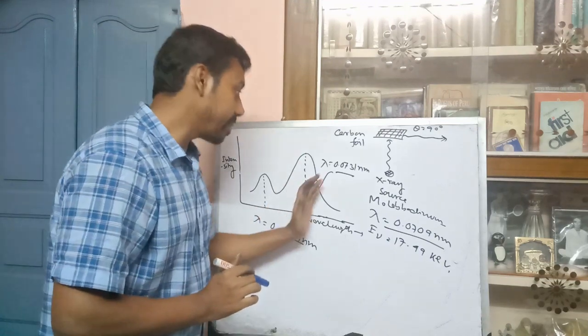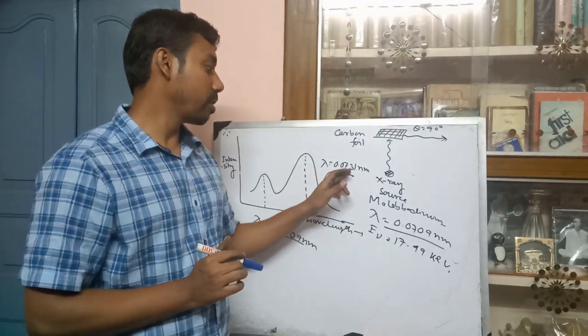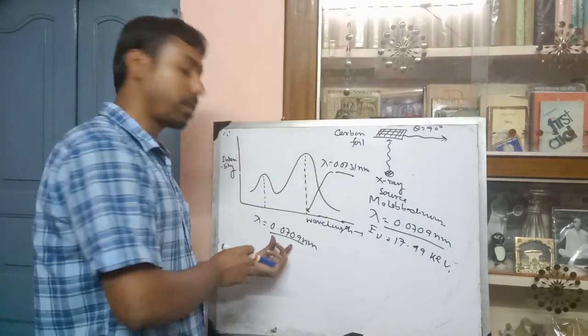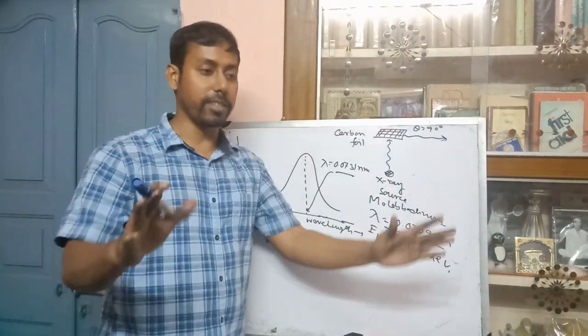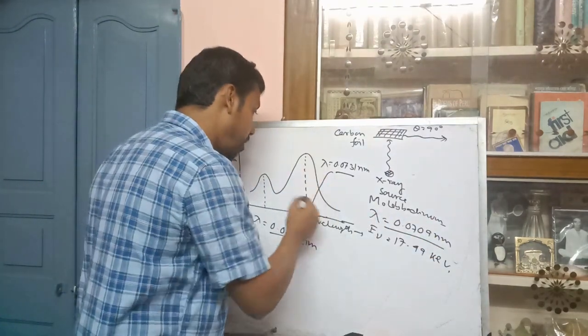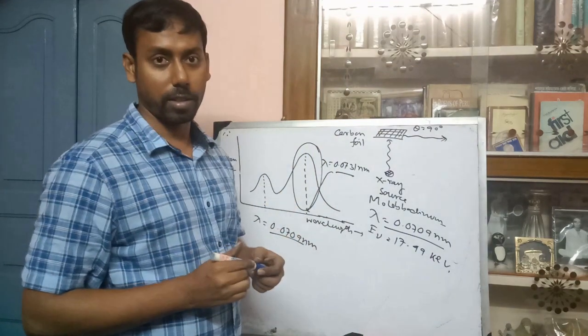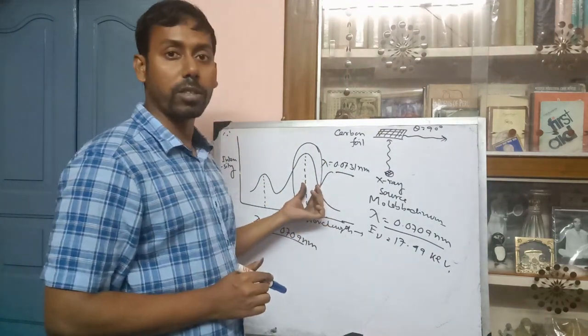The second peak comes at lambda equal to 0.0731 nanometer, a little bit greater than that. Obviously, we can tell that this second peak is due to the Compton shift.